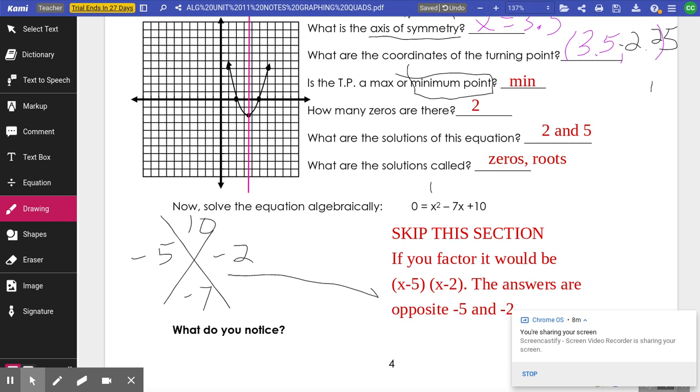And by the way, then you'd get this, x minus 5 and x minus 2. What do you notice about your answers? Well, your answers came out to be positive 5 and positive 2. So the answers are opposite to whatever you get in your factor. Okay? So the answers are positive 5 and positive 2. And I'll show you how we would solve that algebraically. We would just have to set them equal to 0, and that's something we haven't done.